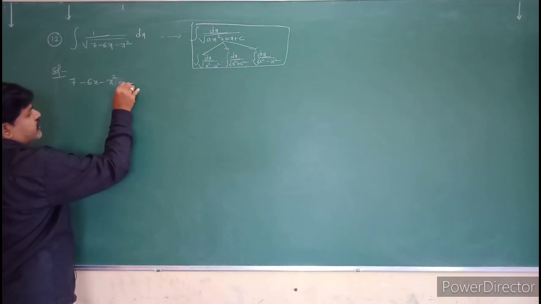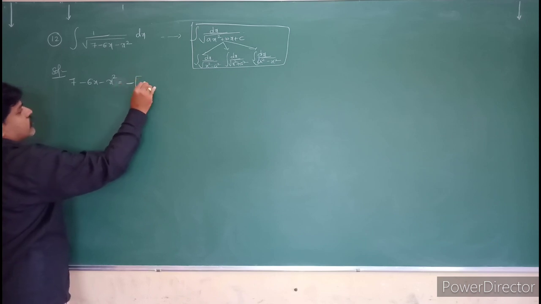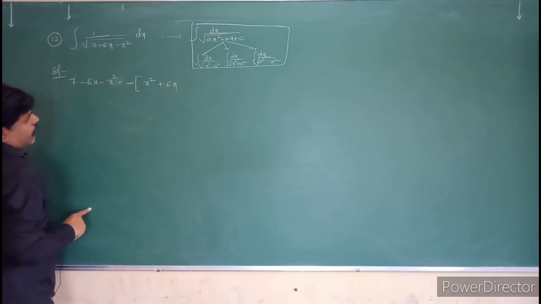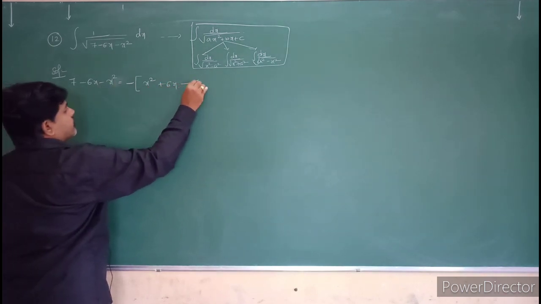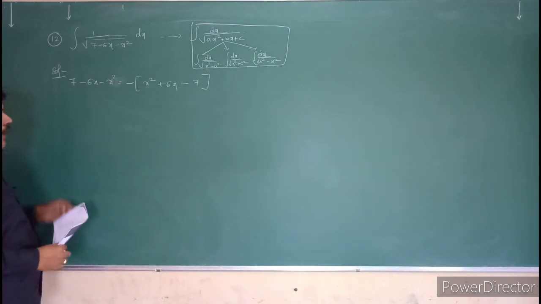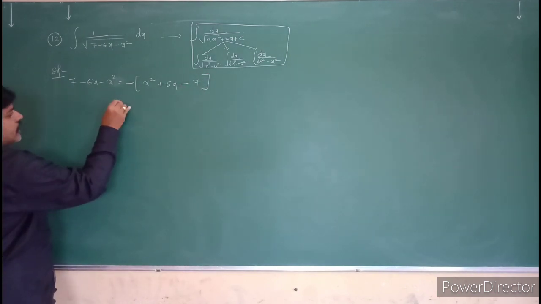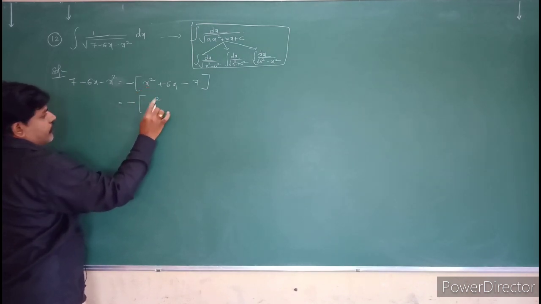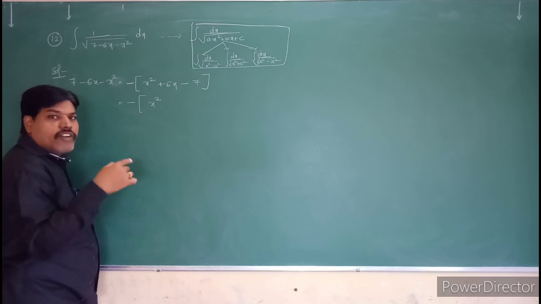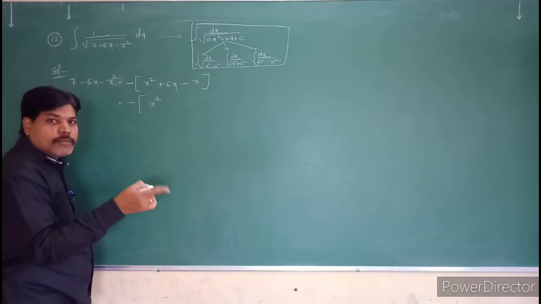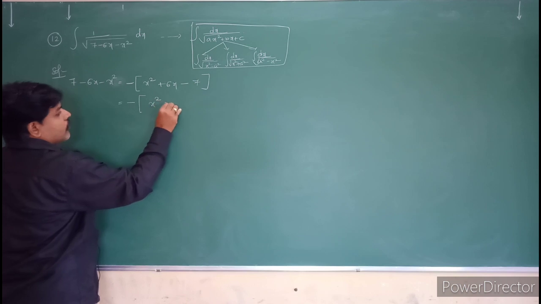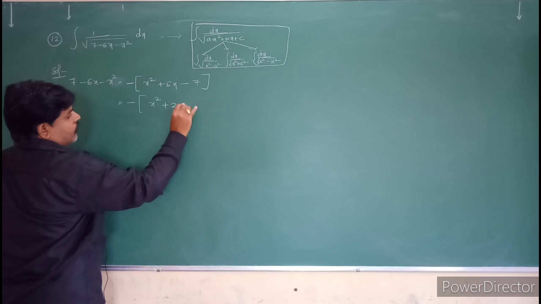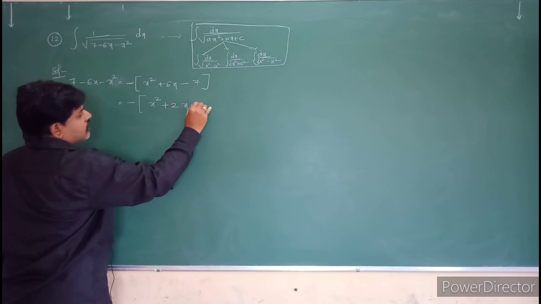So it will become minus. See that carefully. So x square minus 6x will become plus 6x minus 7. So next step, what we have to do, that is equal to minus of x square. For the second term, you have to divide and multiply with 2. So that means 2 into x into 3, minus 7.